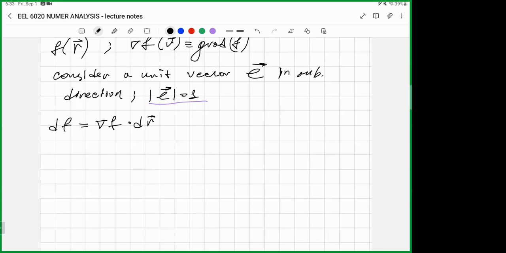So how much does this field change in the direction of this unit vector? The change of field f in this E direction is equal to the gradient of this field times the vector E. Okay.